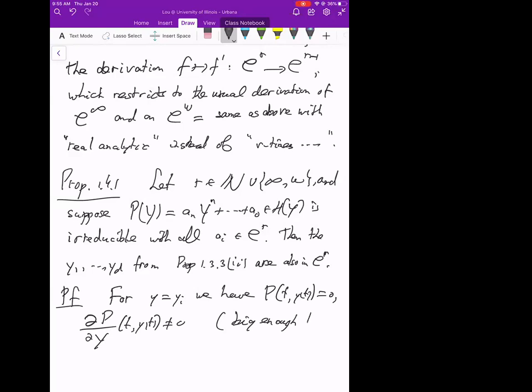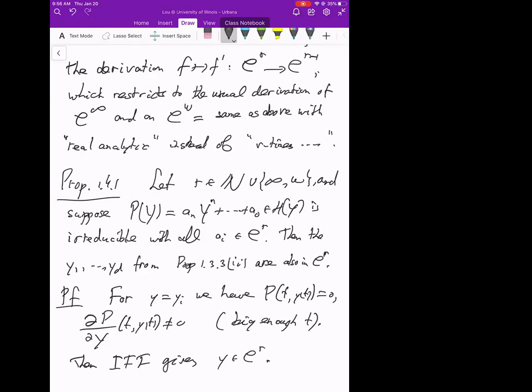Then the implicit function theorem says that locally these functions y must be of class C^R, and of course that means for all big enough t, that y is in C^R.